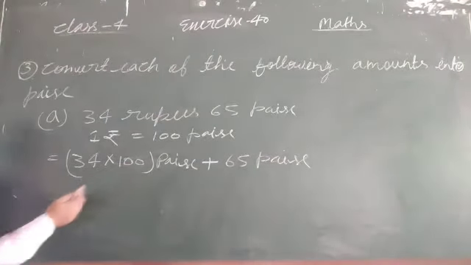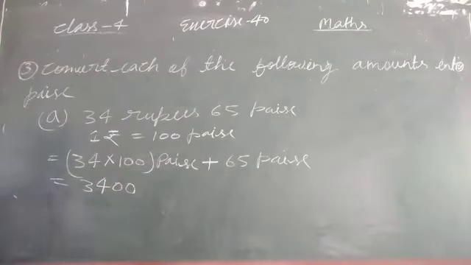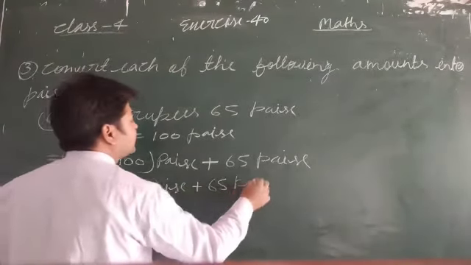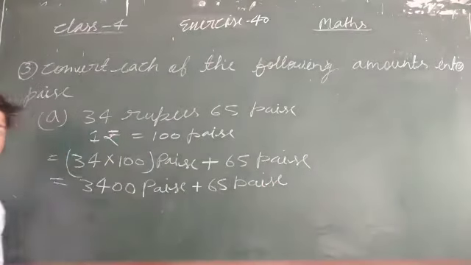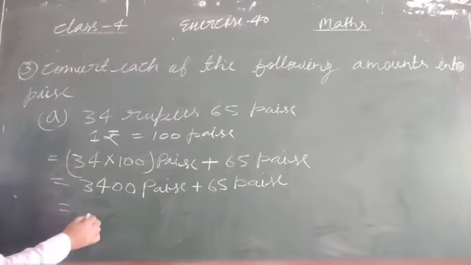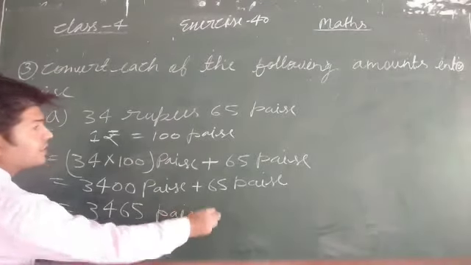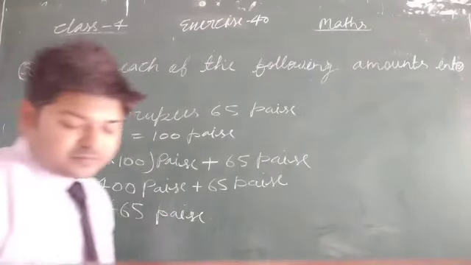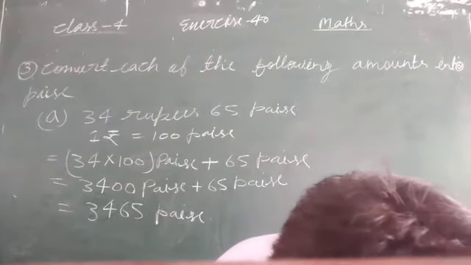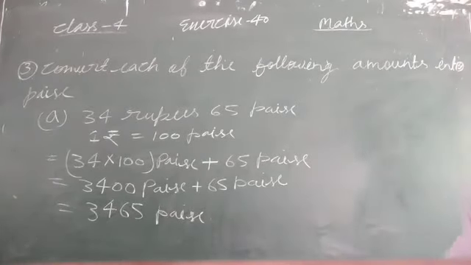So 34 multiplied by 100 is 3400. 3400 paise plus 65 paise. Now simply you have to add these numbers. So what you will get? 3465 paise. Okay. This is your answer. So like this you can solve question number 3. Okay, students.